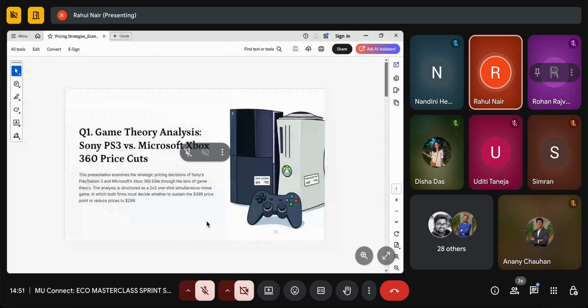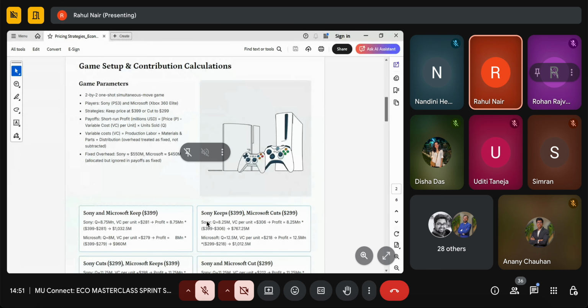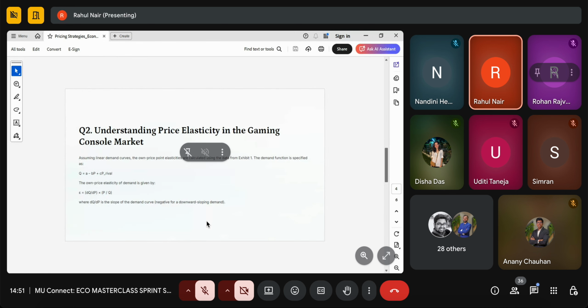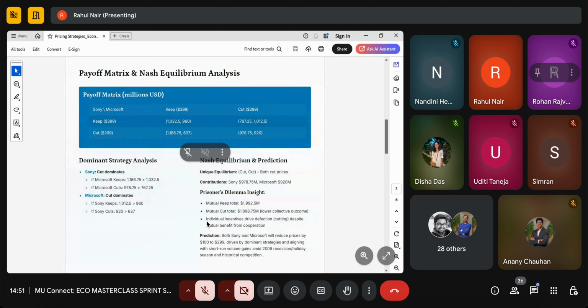Great. So is my screen visible for that game theory analysis, PS3 and Xbox? Yes, it's visible. Okay. So this is where Nash equilibrium actually comes into play.